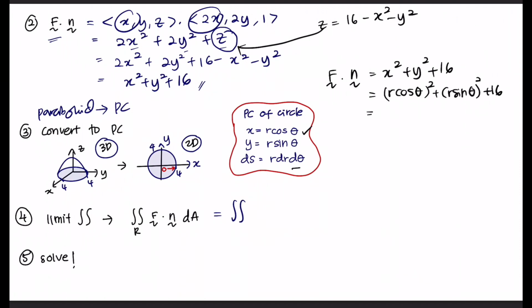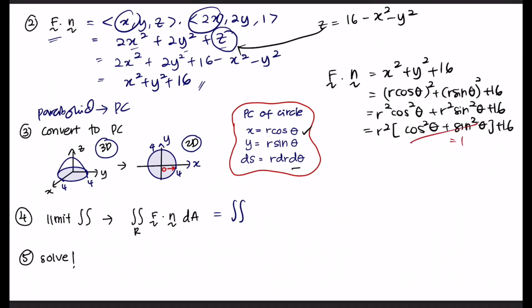Simplify, we get r squared cos squared theta plus r squared sin squared theta plus 16. Factorize, cos squared plus sin squared equals 1, then we get r squared plus 16.